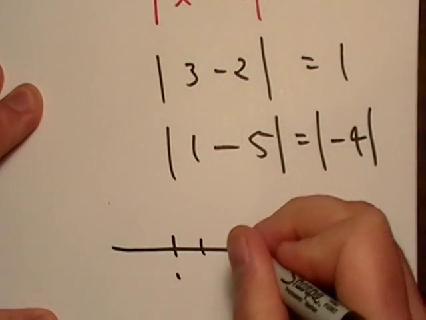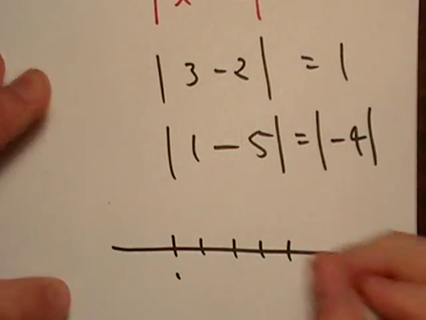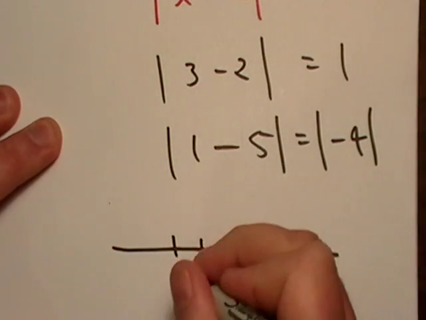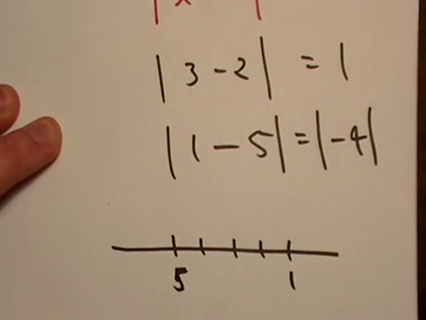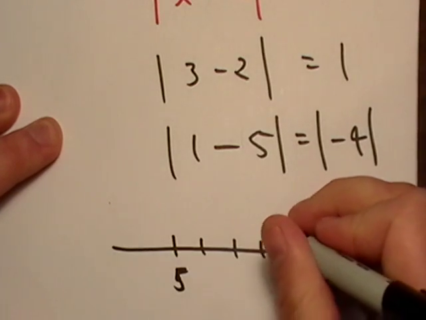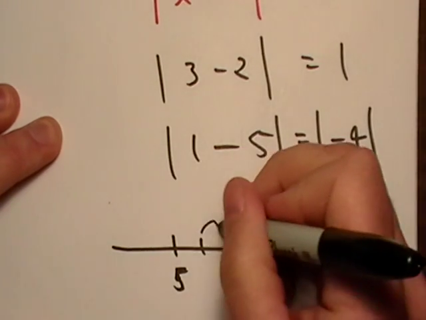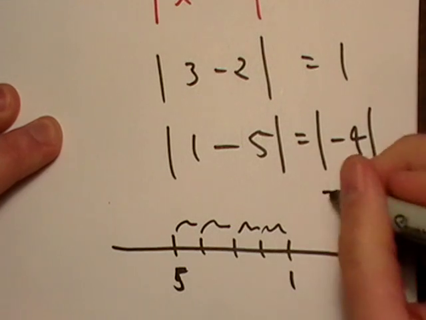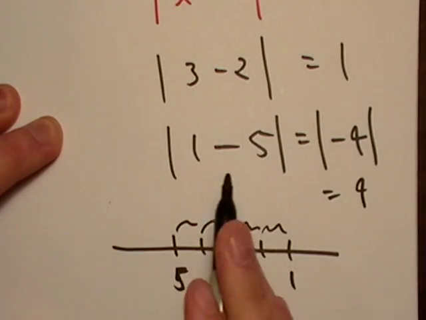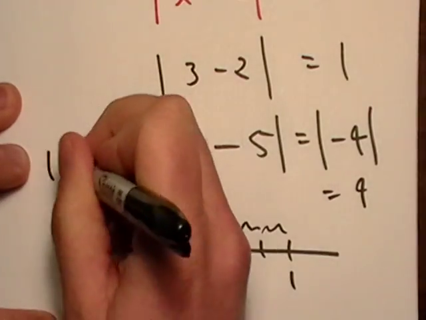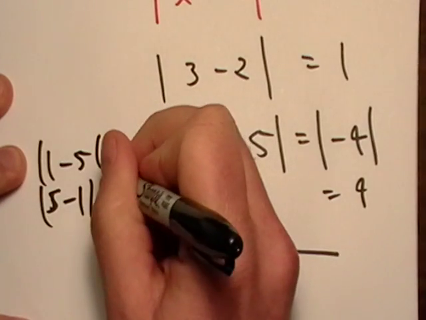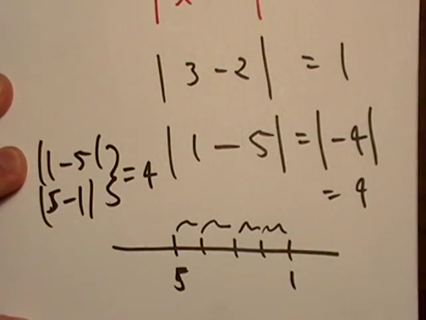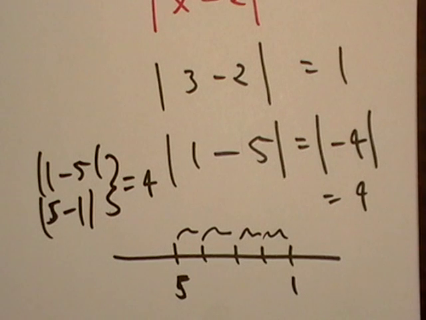Here's 1, and here's 5. There are 4 units in between: right here, right here, right here, and right here. So no matter what happens, whether I take 1 minus 5 or 5 minus 1, the absolute value of both is going to be 4. And that's pretty important.